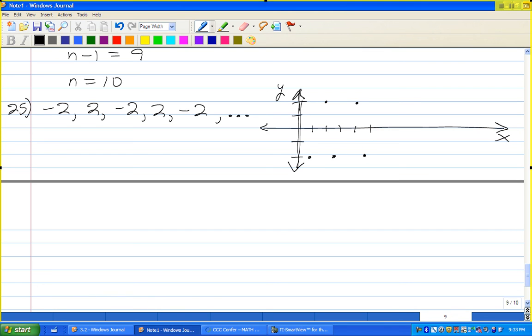And that's the graph of your function. Oh, let me not call it x. Let's call it n. And let's call this a sub n, your output.